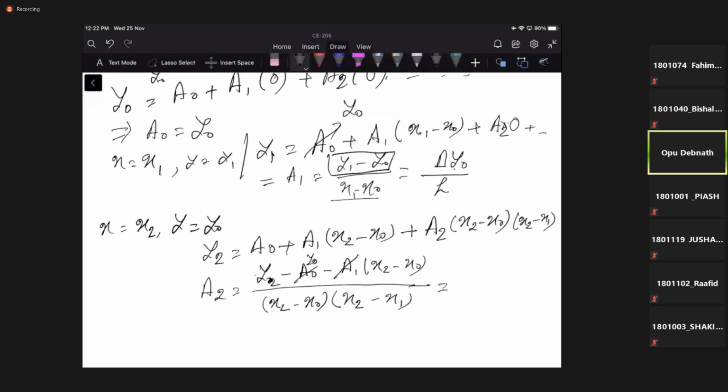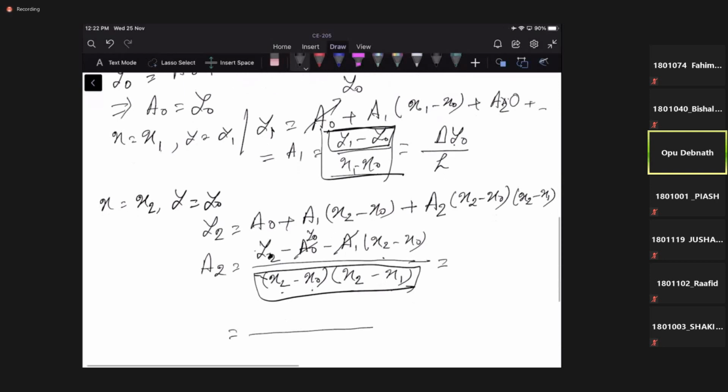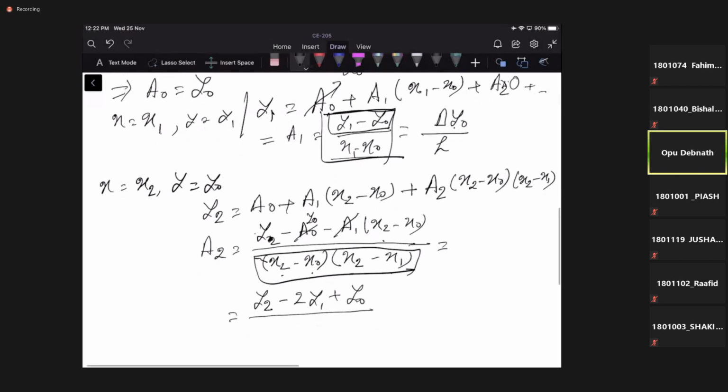If you put the value of a0 and a1 here, with x2 minus x0 and x2 minus x1, then after simplifying all these things, you will find a form like this: y2 minus 2y1 plus y0 divided by 2h square.